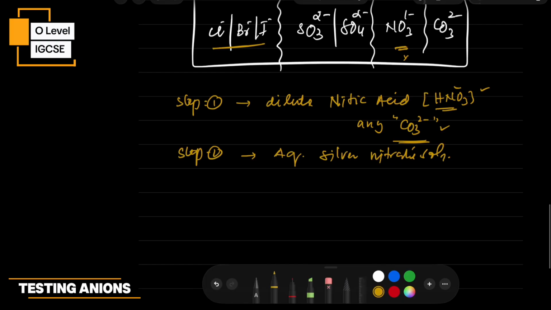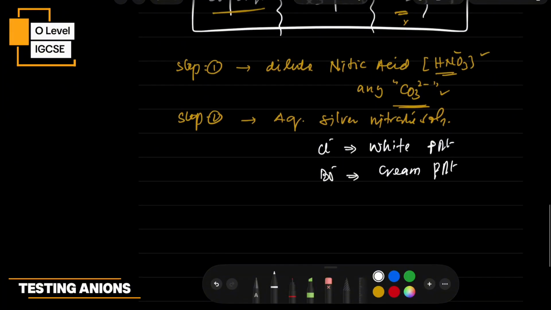Then we will check the color of the precipitate. In the case of Cl negative ion, a white precipitate is formed. In the case of Br negative ion, a cream precipitate is formed. In the case of I negative ion, upon addition of silver nitrate, a yellow precipitate is formed.